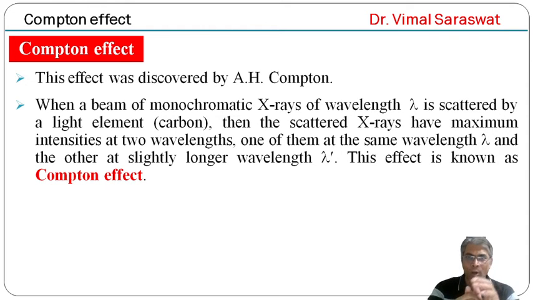when a beam of monochromatic X-rays of wavelength lambda is scattered by a light element like carbon, then the scattered X-rays have maximum intensities at two wavelengths, one of them at the same wavelength lambda and the other at a slightly longer wavelength lambda dash.